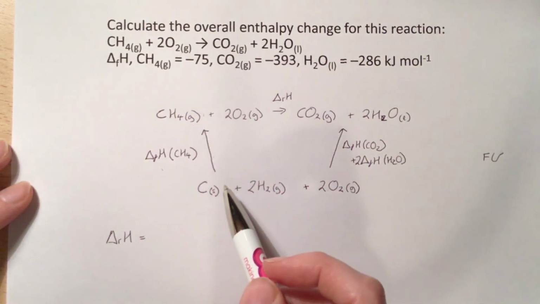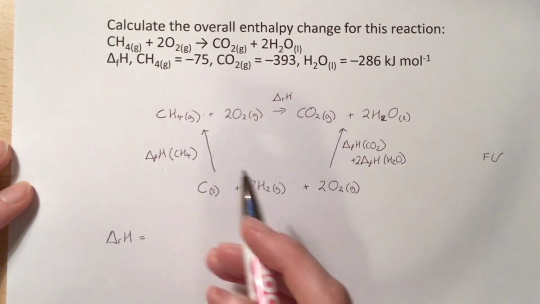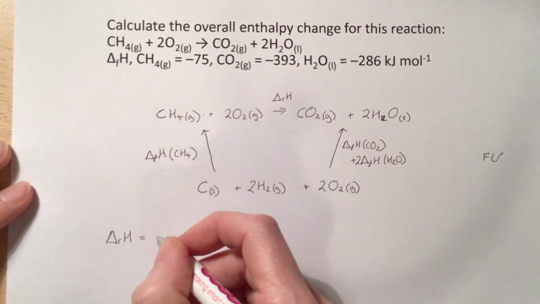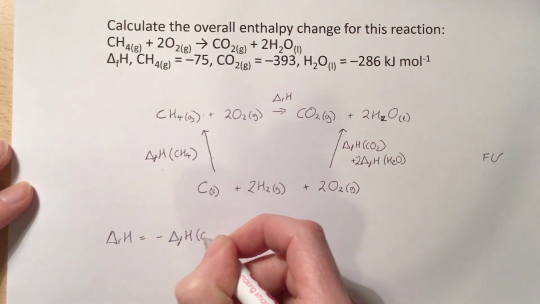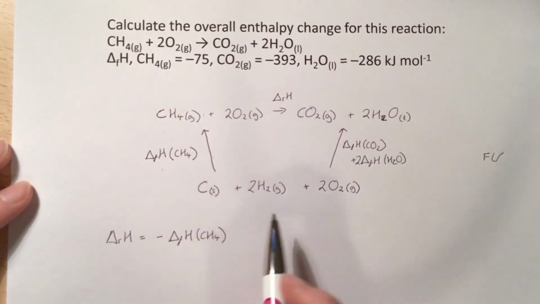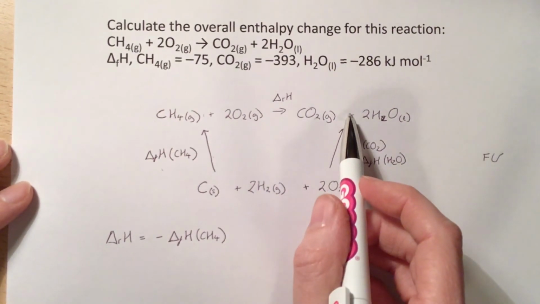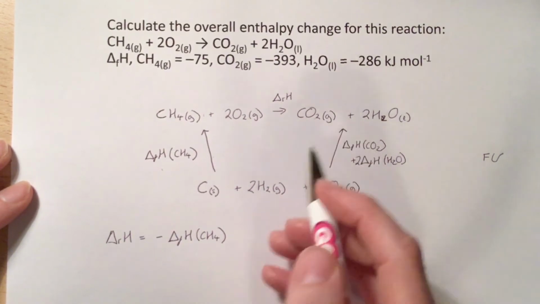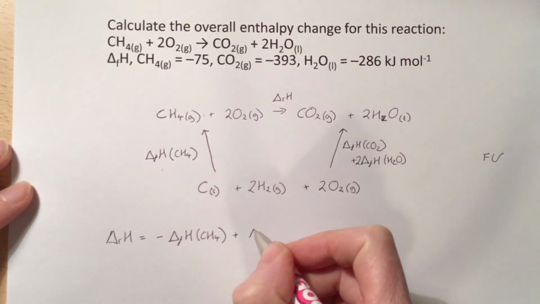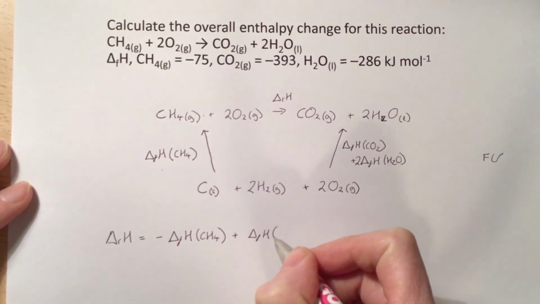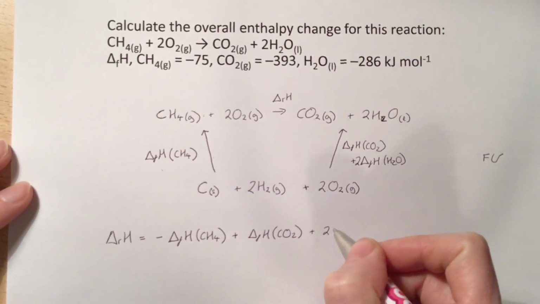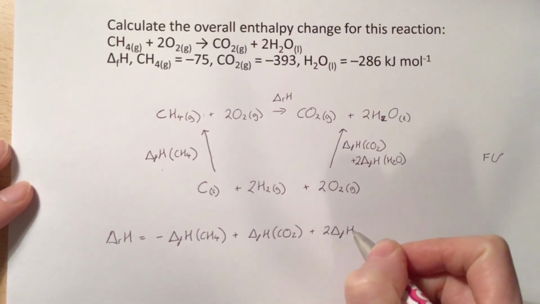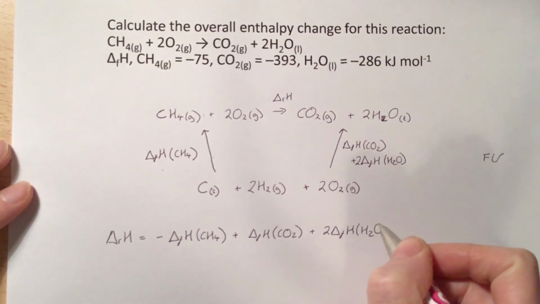If you go backwards, it's minus that. So we're going backwards here, so we're doing minus the enthalpy change of formation of methane, but we're going in the direction of the arrow on this side, so plus the enthalpy change of formation of carbon dioxide plus 2 times the enthalpy change of formation of water.